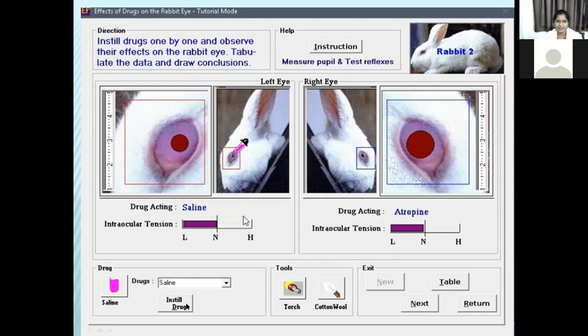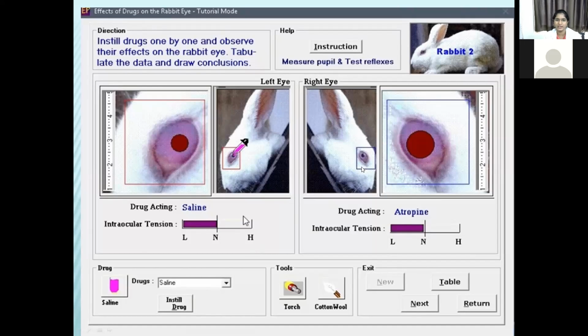If you select the atropine drug and then the instill drug option, you will get two rabbit eyes, the left eye and the right eye. The left eye is always the control eye and the right eye we use as the test eye. So this atropine we can instill in the right eye.